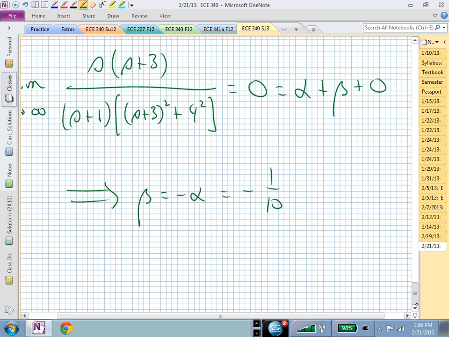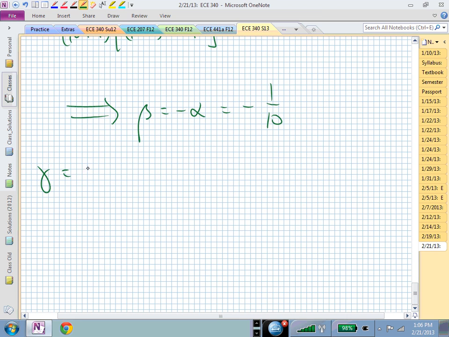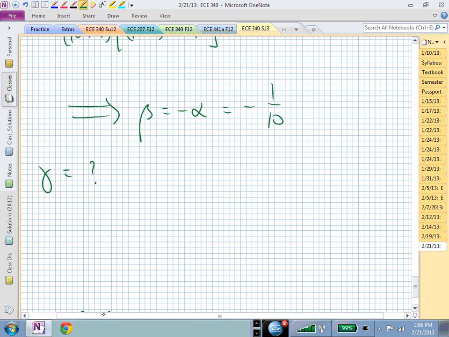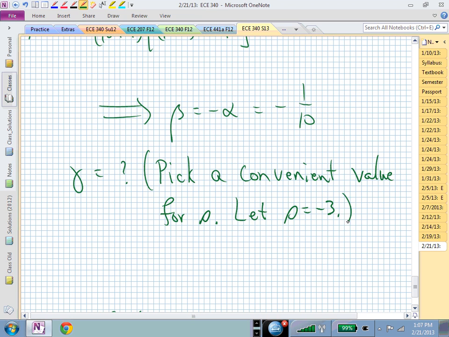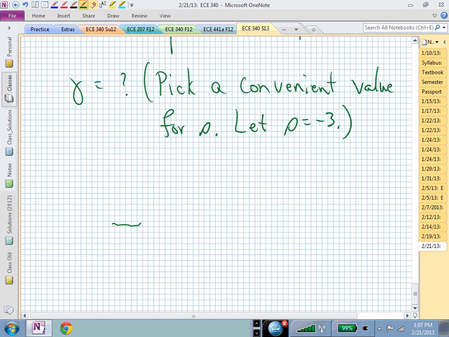Let's now, in finding gamma, what we want to do is then pick a convenient value for s. And in this case, let's go ahead and let s equal minus 3.